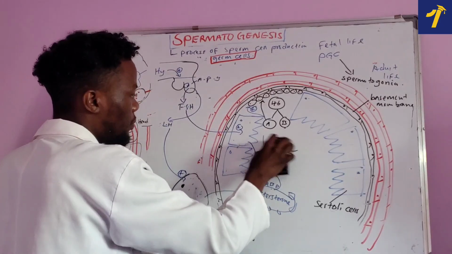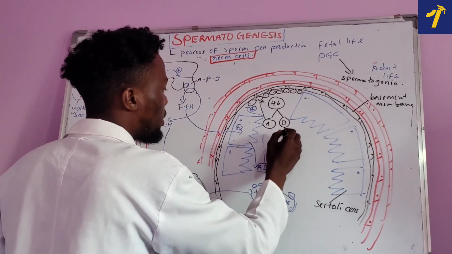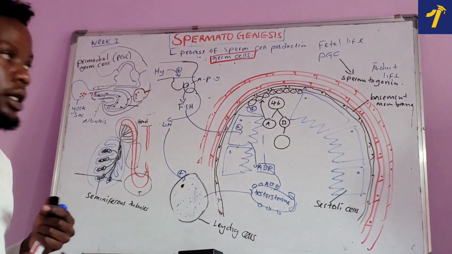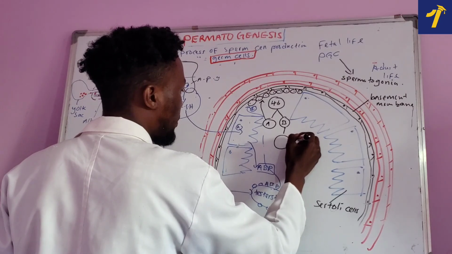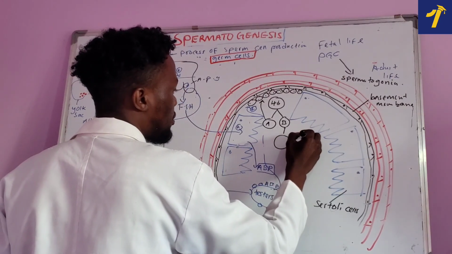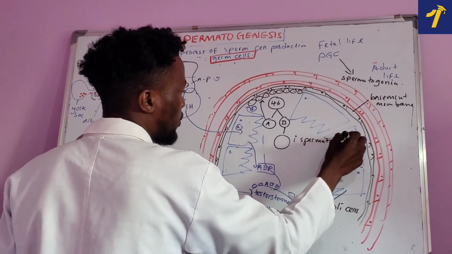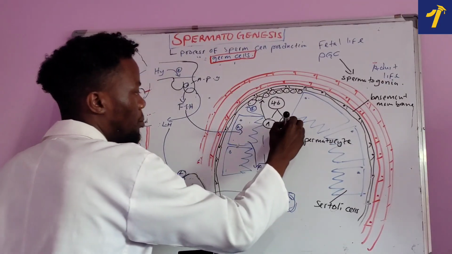So type B will divide into this cell, which we call the primary spermatocyte, by what we call mitosis.